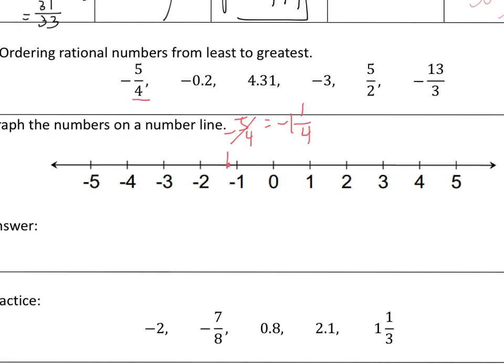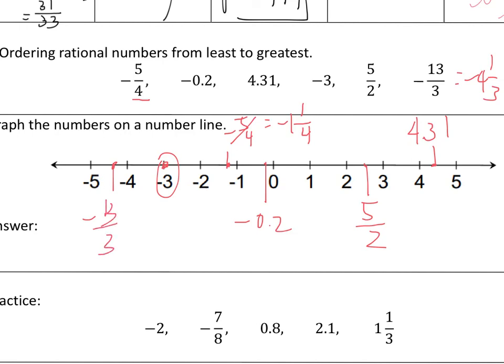And negative 0.2 would be right here. 4.31 is about right here. Negative 5 over 2, which equals negative 2.5. So we got negative 5 over 2 right here. Negative 13 over 3 gives me negative 4 and 1/3, which will be here.